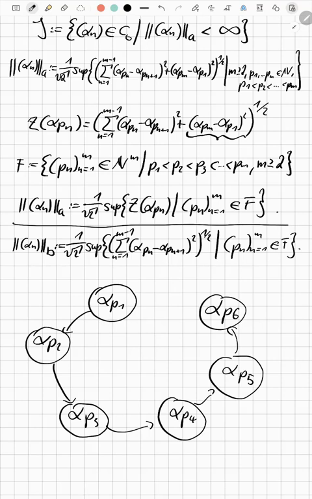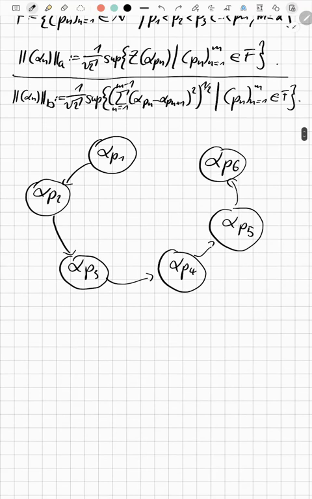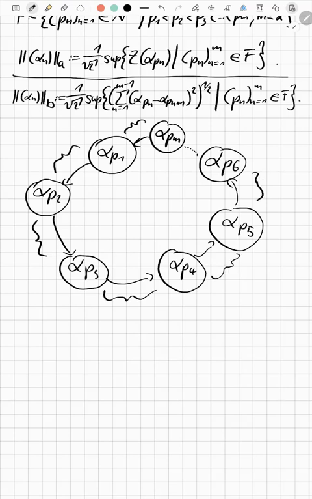So this is the difference of the first and the last element of our finite subsequence. So this will go to our alpha pm here, and we just add all these differences here. That's one of those Z of alpha pm. It's the square summation of all these differences.